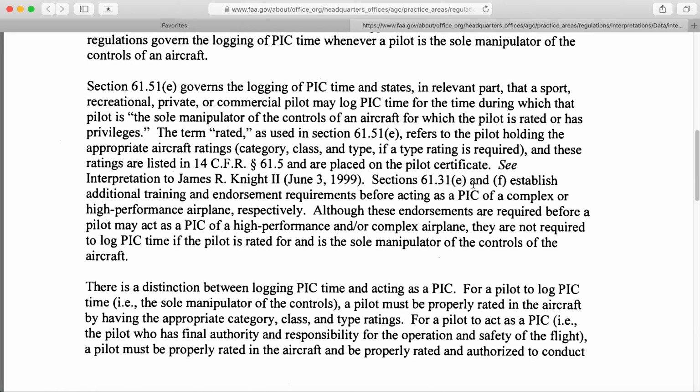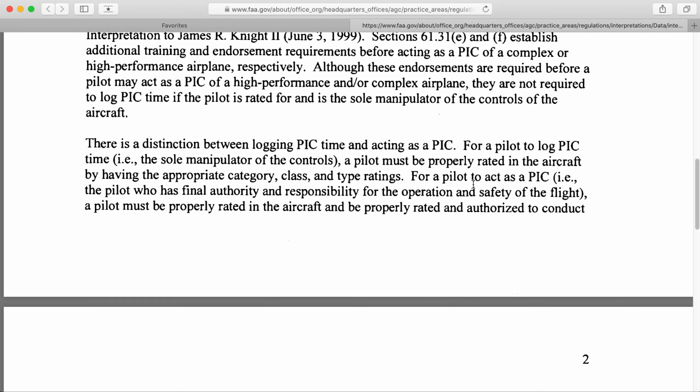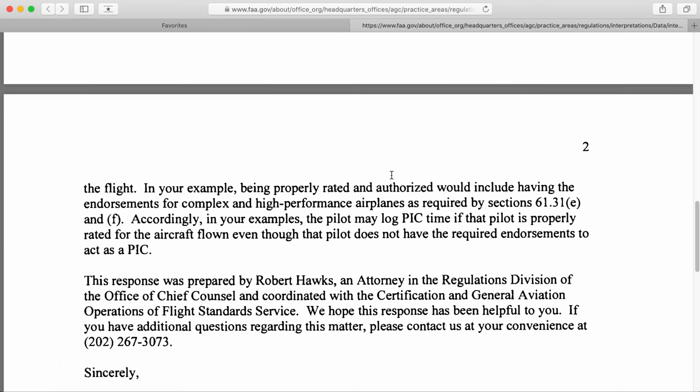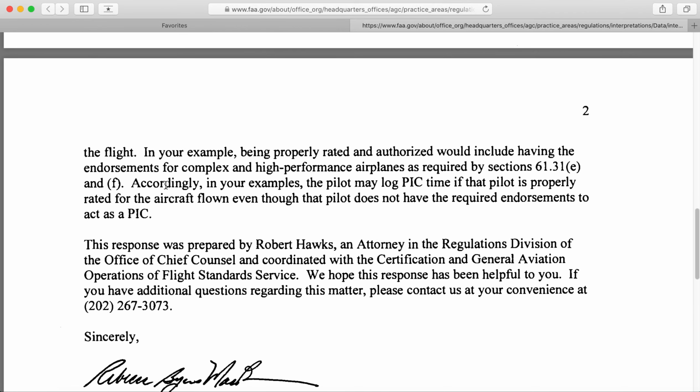And let me skip down here to the end to where they talk about there's a big distinction between logging PIC and acting as PIC. And in the end, they say, in your example, the pilot may log PIC if that pilot is properly rated, even though that pilot does not have the required endorsements to act as PIC.